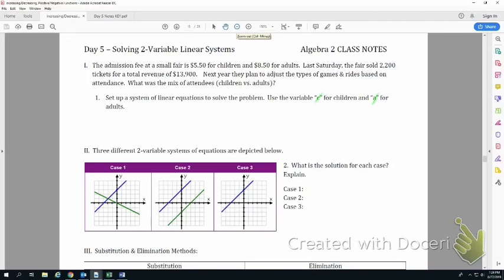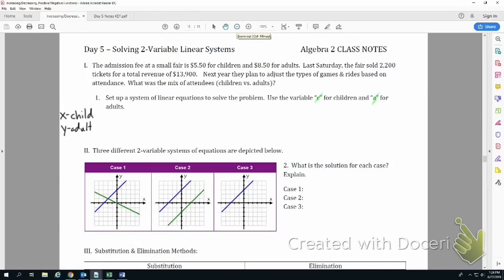C is children, because children starts with C. A is adults. If you're not one of those people, a lot of people just like working with X and Y. If you're one of those people, on these kinds of problems you need to go off to the side and write that right there. Now on this one, because it says to use C and A, I'm going to use C and A. But if you want to use X and Y, that needs to be next to this problem in your notes. It does not matter to me which way you do it. I can figure it out either way.